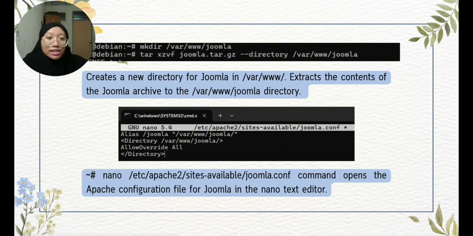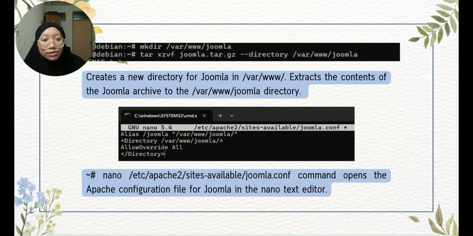So we extract the contents of the Joomla archive to the /var/www/joomla directory by using the command mkdir, which is make directory for /var/www/joomla, and tar -xvf joomla.tar.gz to the directory /var/www/joomla.